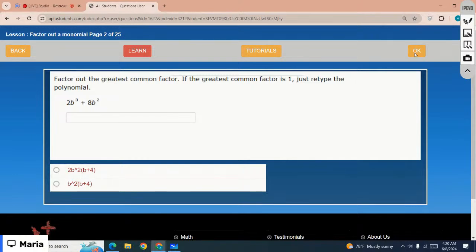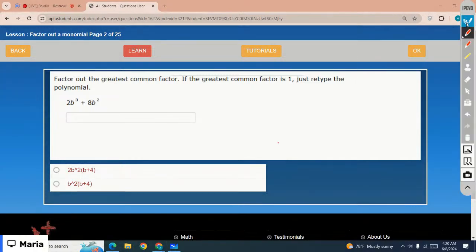Factor out the greatest common factor. If the greatest common factor is 1, just retype the polynomial. That is 2b cubed plus 8b squared. Okay, so you have 2b cubed, right? You need to write them in prime factor form, then that would be easy. 2 times b times b times b, and you can write 8 as 2 times 2 times 2 and b times b. So you have 2 common. Then you have b squared common.